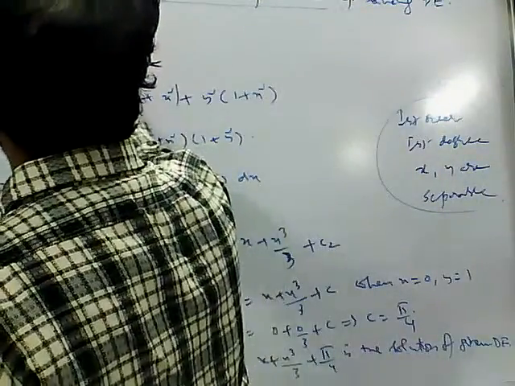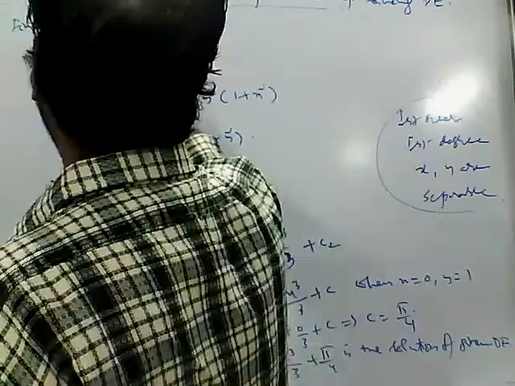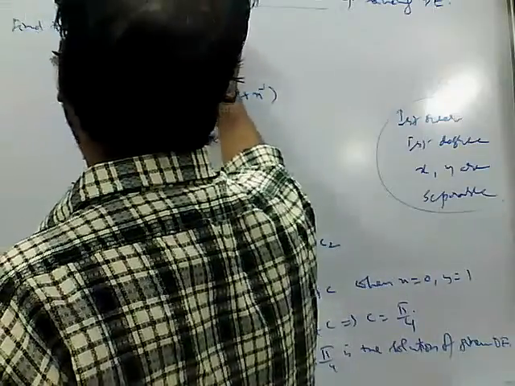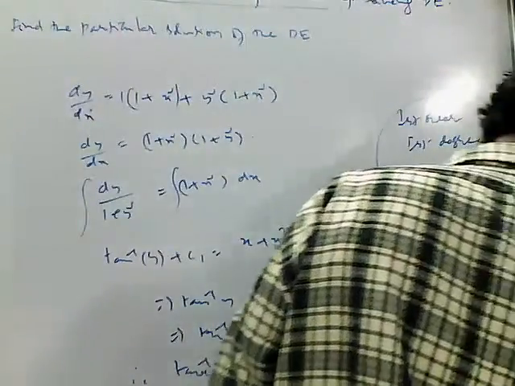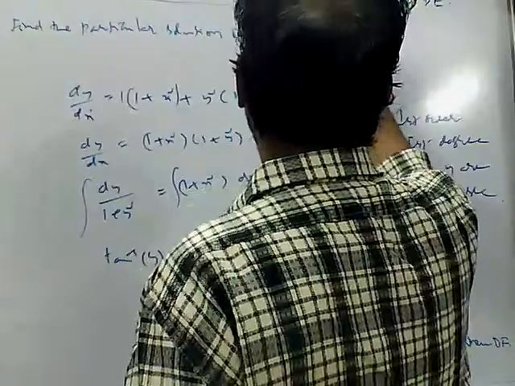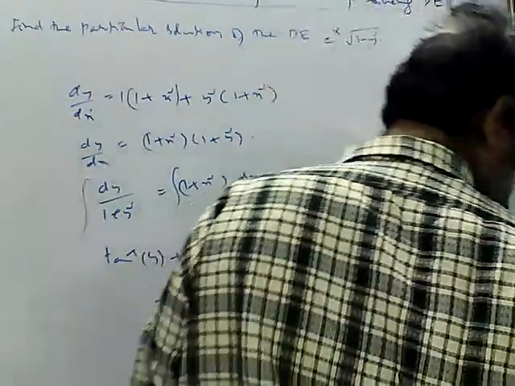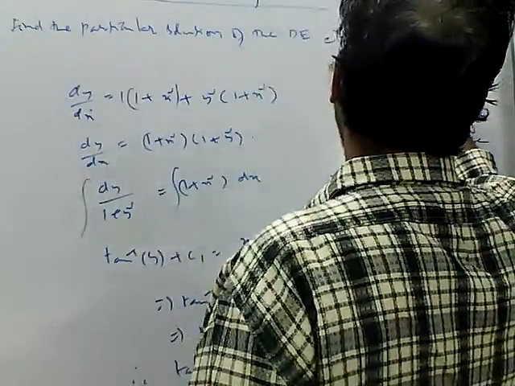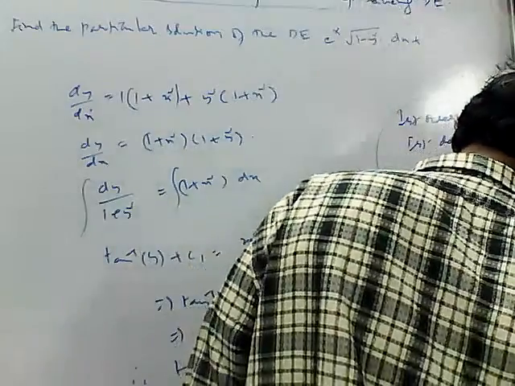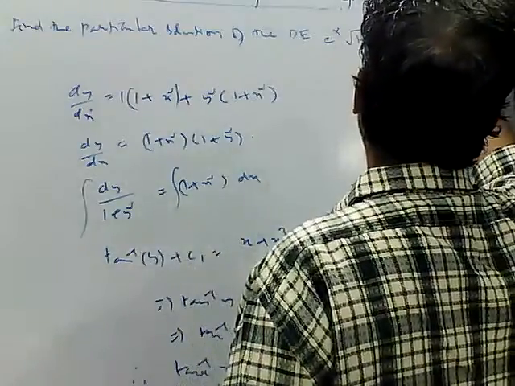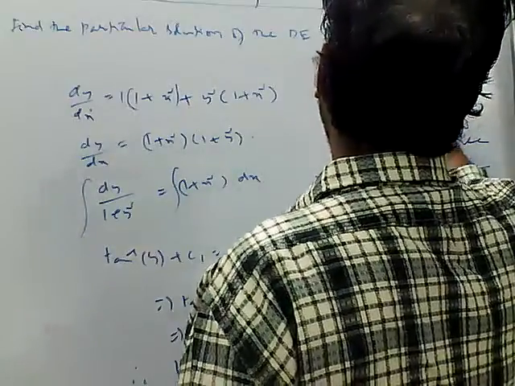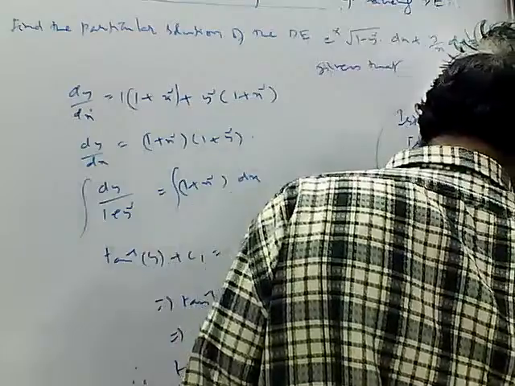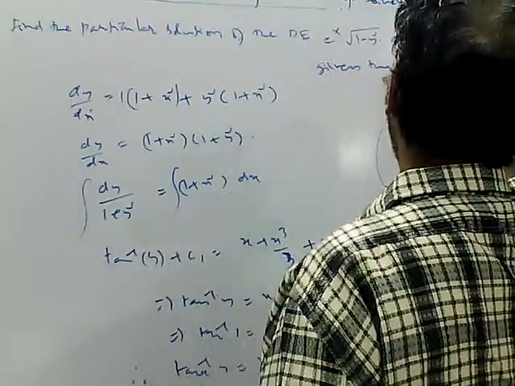So when particular solution is asked, automatically it means that you are given x and y values of the differential equation: e power x into root of 1 minus y square into dx plus y by x dy is equal to 0, given that y is equal to 1 when x is equal to 0.